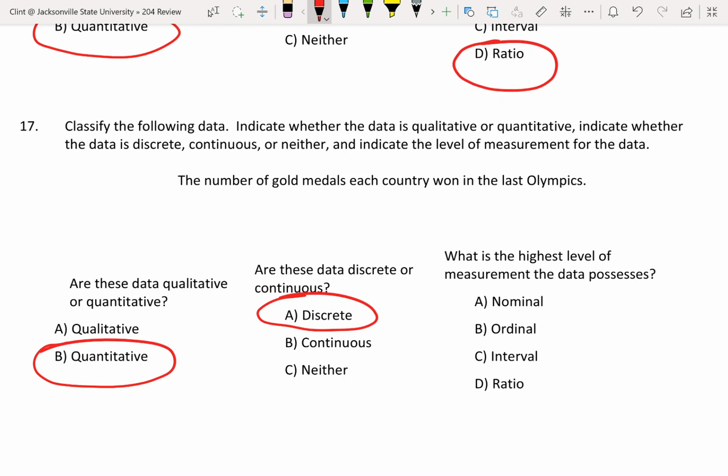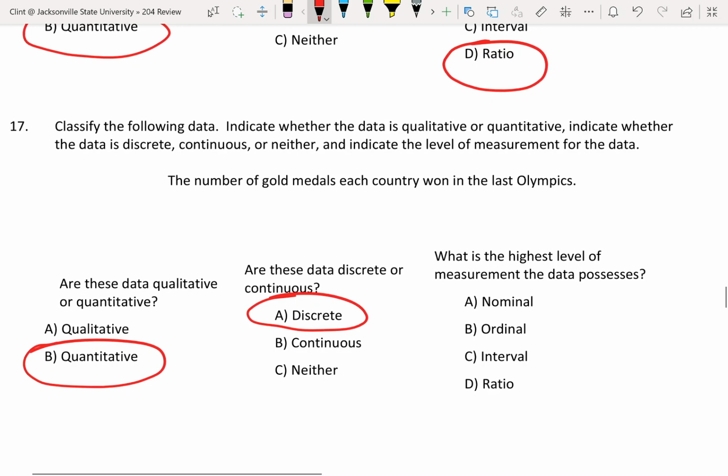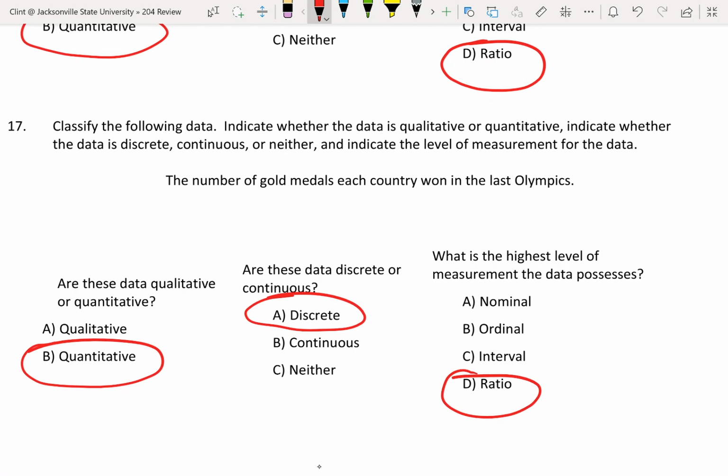And then, since we know it's quantitative, it's either interval or ratio. So we have to think about what it means if a country won 0 gold medals. It means they didn't win any. So it's ratio. Ratio 0 actually means none. So that one worked out the same way. That's what happens when I let it give me random problems for us to do. We get 2 that are the same. Okay. Let me see what else we got coming up.